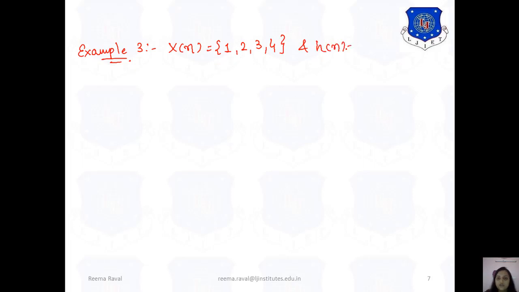So now let us see the next example, for which x of n is equal to 1, 2, 3, 4 and h of n is equal to 1, 0, 1. Here the arrow is at the first position for both of them. According to the tabulation method, we'll make the table like this.